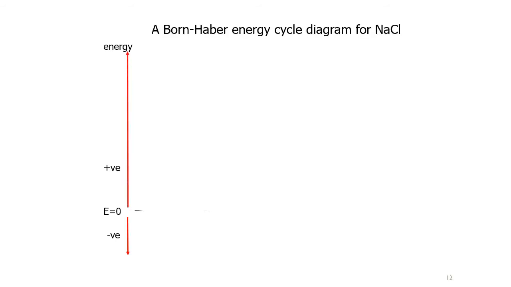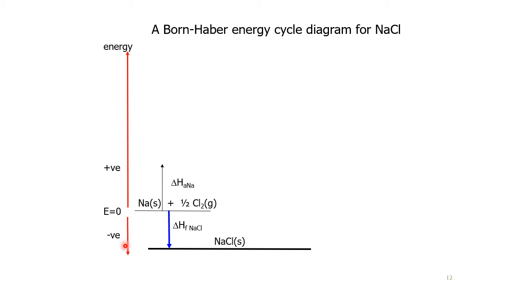So this is the answer. First, this is the final product, sodium chloride solid. So this is formation. Downwards because it's a negative value. Next, atomization of sodium, positive value.